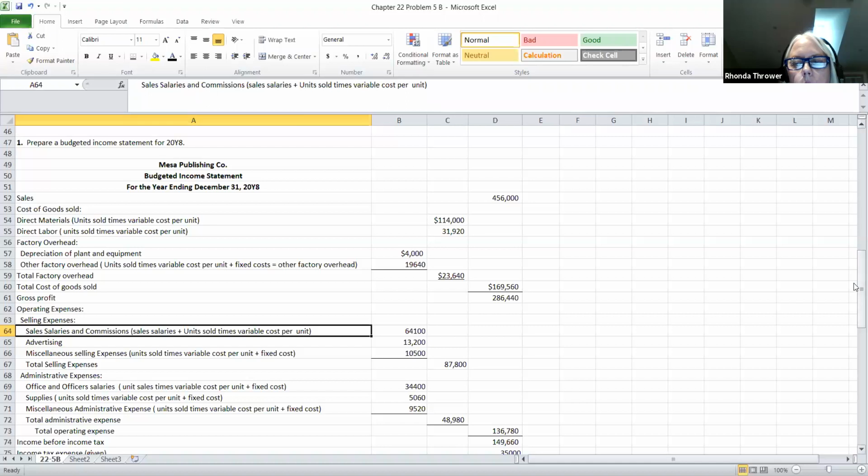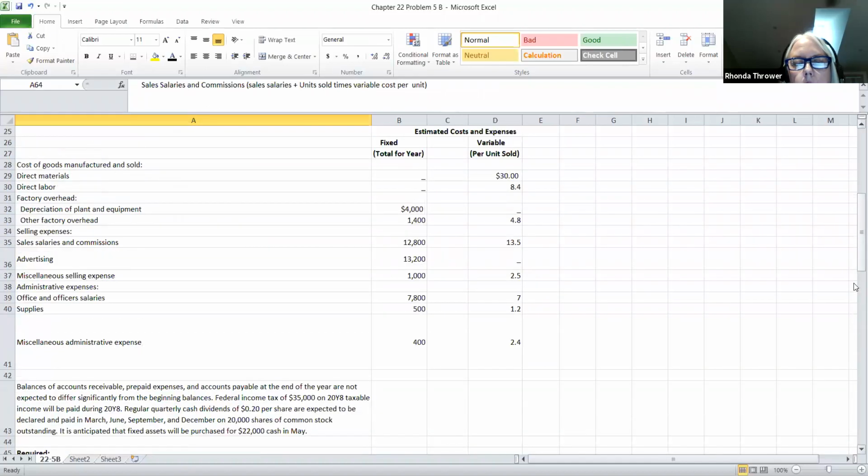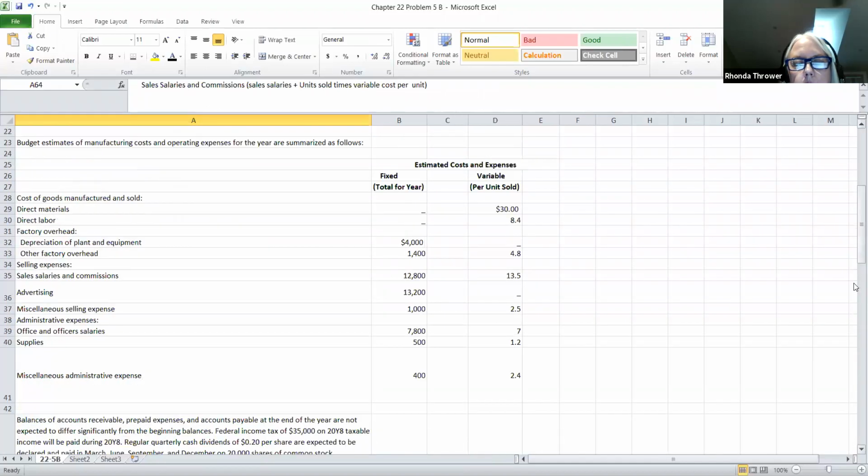So our given information tells us that our sales salaries and commission has part fixed cost in it, which would be added to the calculation of the variable cost of the commissions. So $13.50 times 3,800 units that you sold is your variable cost.